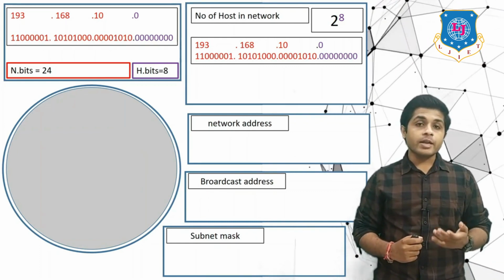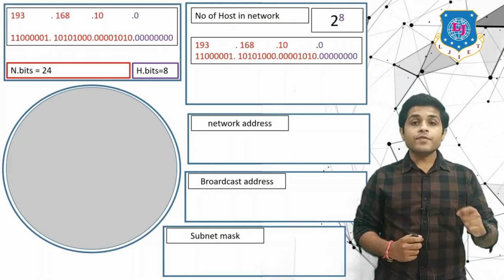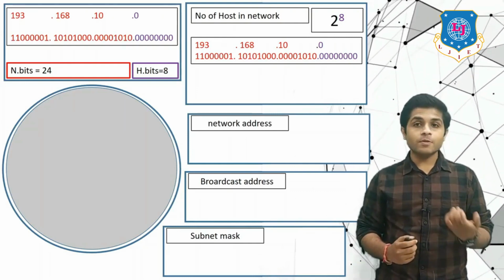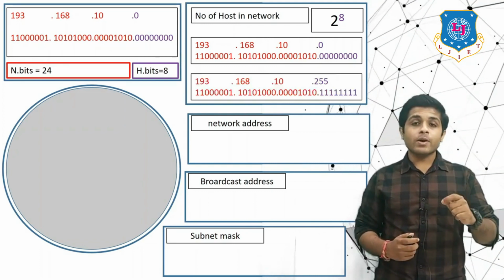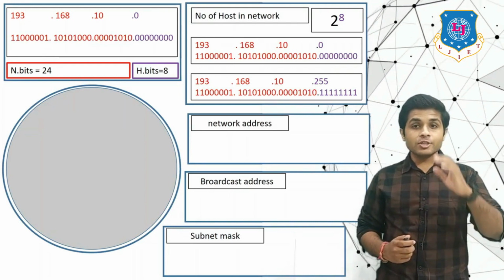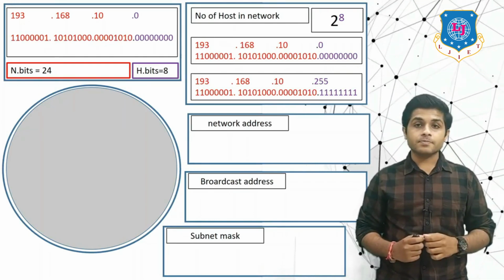Now I want to find the last IP address of the same network. To find the last IP address, we set all the host bits to 1, and you will get 193.168.10.255. So this is the range of IP addresses of the given network.